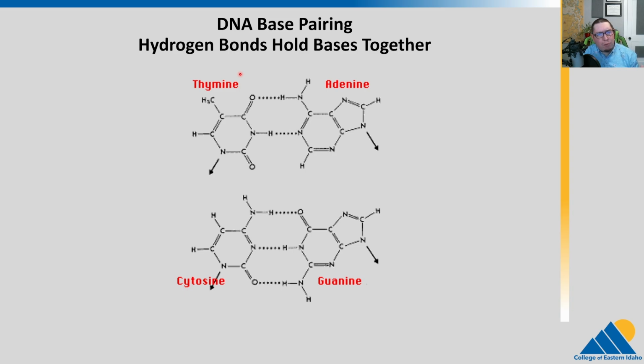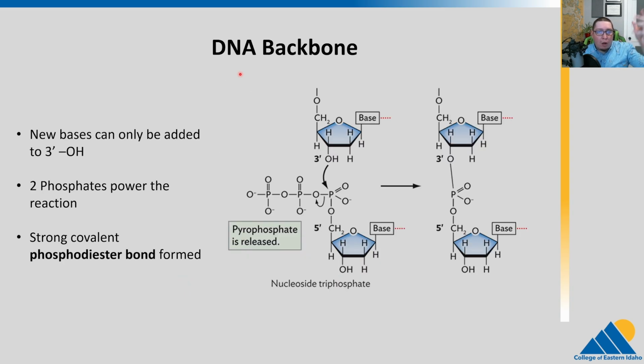Okay, so those are the hydrogen bonds that hold the complementary base pairs together. But what about the backbone of the DNA? This backbone, which adds new nucleotides on, is much stronger. It's a covalent bond, and we're going to utilize our triphosphates to power the reaction. So here is a base.